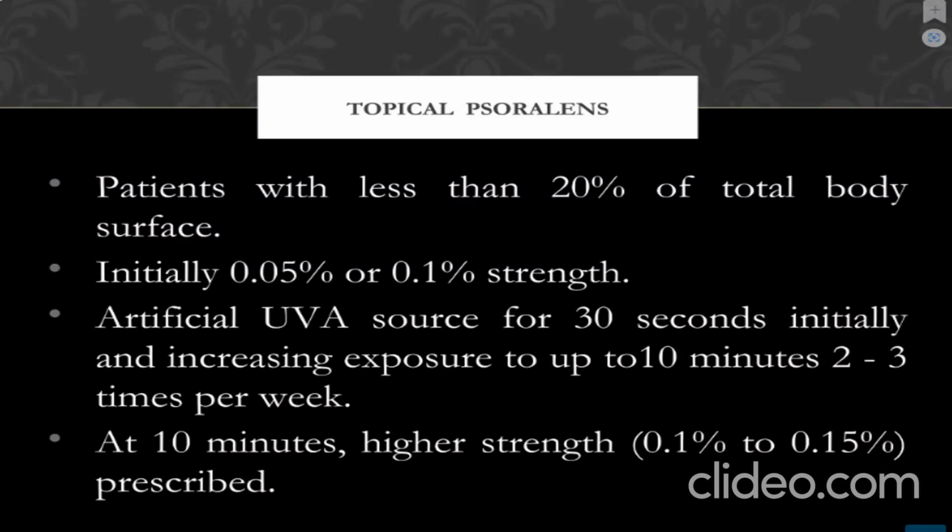Then artificial ultraviolet A source for 30 seconds initially, and increasing exposure up to 10 minutes 2 to 3 times per week. At 10 minutes, higher strength, that is 0.1% to 0.15%, should be prescribed.